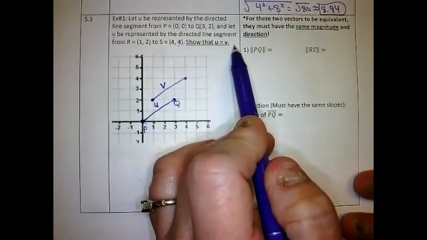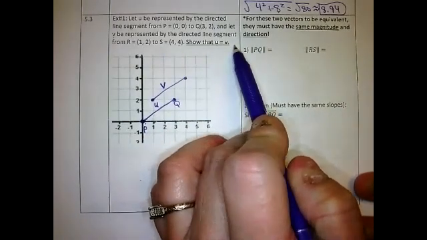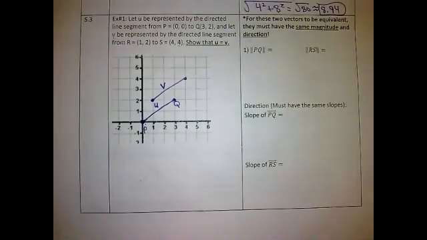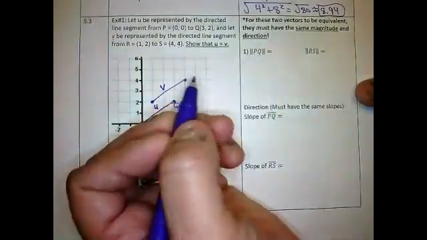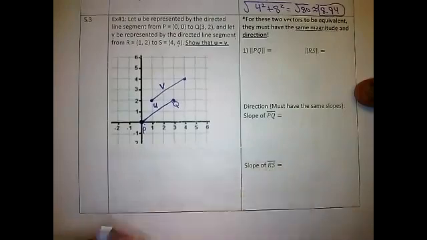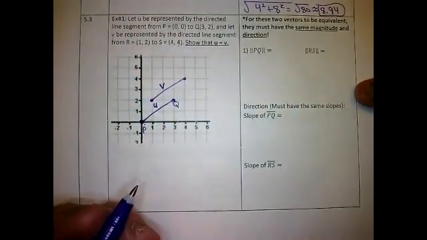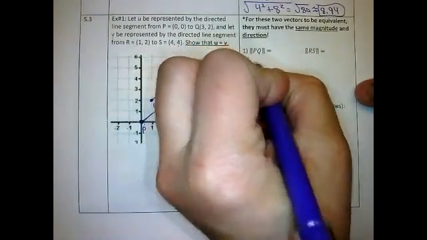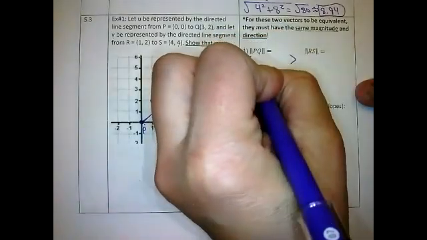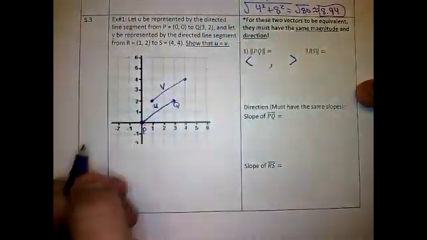Remember, in order for directed line segments to be equivalent, they have to have the same direction and the same magnitude, or length. So the first thing I'm going to do is find their magnitude. In order to do that, I have to find the direction vector first.